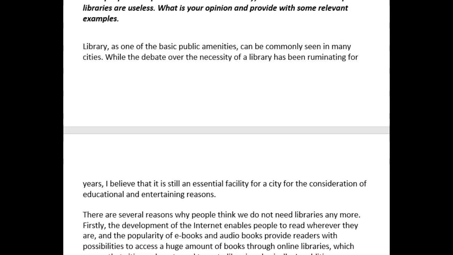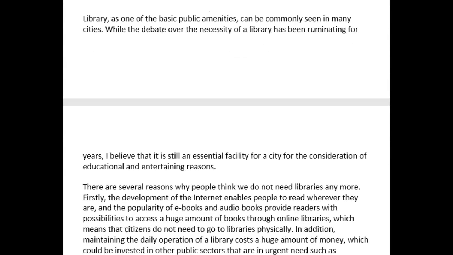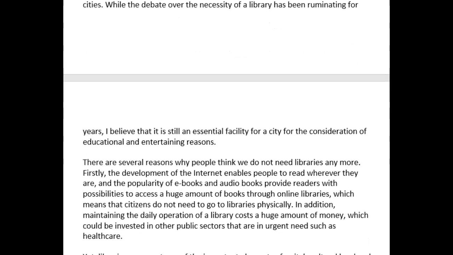You have to be careful about this because if it's all about your opinion and what you think, the examiner is going to question why you've included the opinion of other people. The examiner is not interested. You have been asked only for your opinion. So, what does that mean here? Well, it could reduce your task achievement score because you're including information that is not relevant, that has not been asked of you.